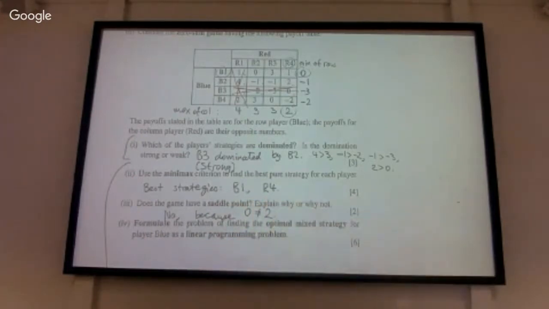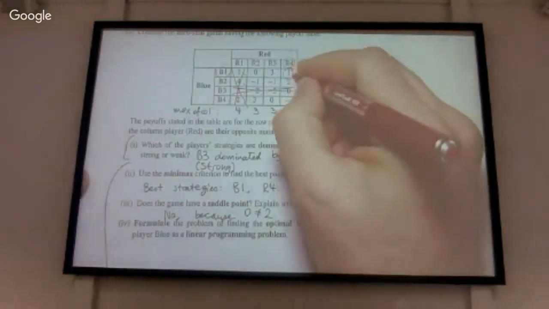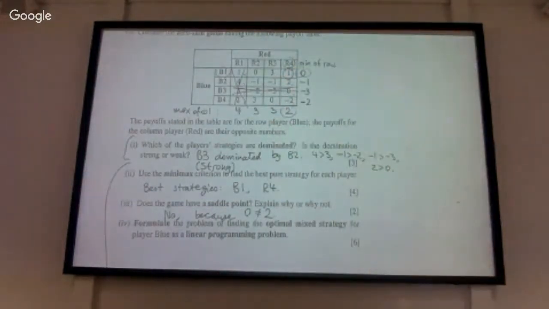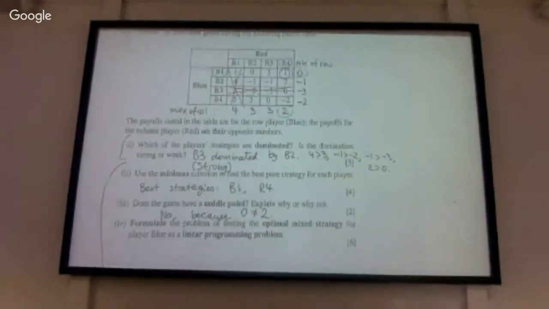You could say as well, if you look at this point, that's not an equilibrium, because the blue player can improve by switching to B2, and also the red player in fact can improve by switching to R2.